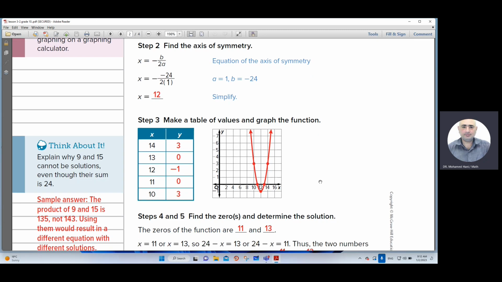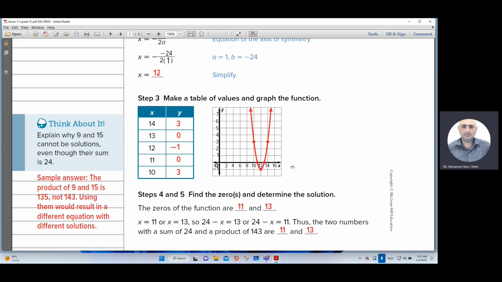Now, who can tell me what is the solution from the graph? How many common points are there between the graph and the x-axis? 2 points, as you see. We have 2 common points, this point and this point. The first point is between 10 and 12, and the second point between 12 and 14.